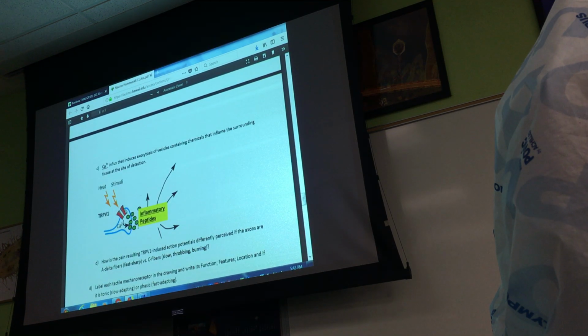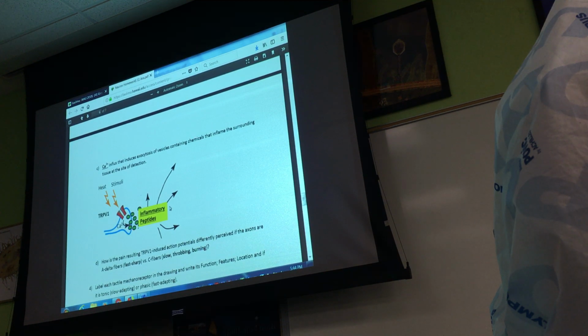And then what can C fibers do in addition to carry action potentials? They can release inflammatory peptides or factors, or whatever you want to call them. Bradykinin's going to be kind of bringing it back from the inflammatory event. The word inflammatory factors is what I'll use, just general.